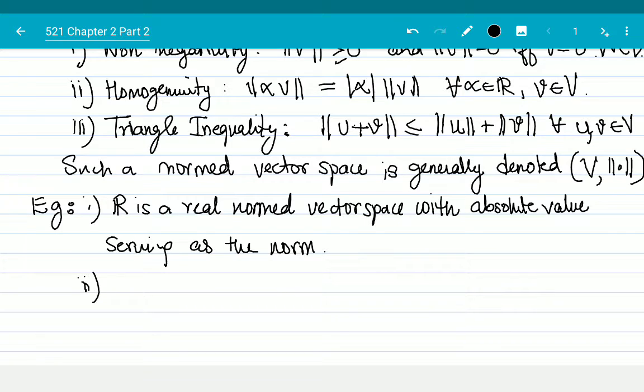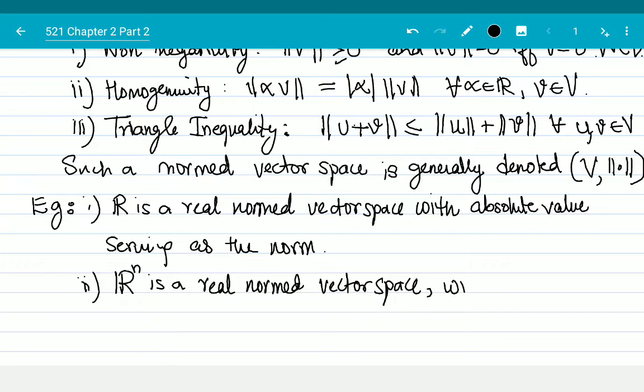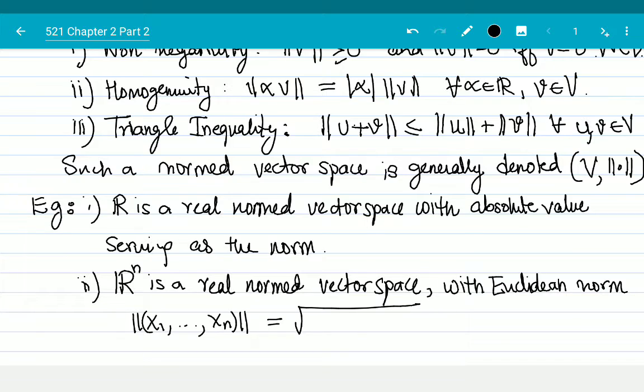Now, R to the n is a real normed vector space with the Euclidean norm, which is the norm of (x1, ..., xn) equal to the square root of x1 squared plus x2 squared plus ... plus xn squared.